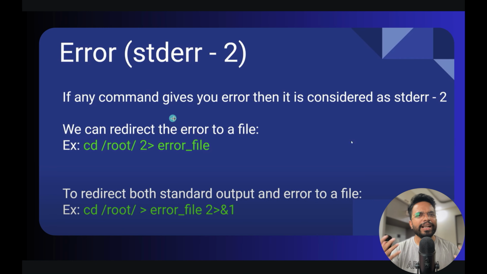There may be cases where you have to redirect both the standard output and error within the file. In that case, you first redirect to a file, and after that you also specify 2 greater than and 1, which means redirect both the standard output and error within this file.